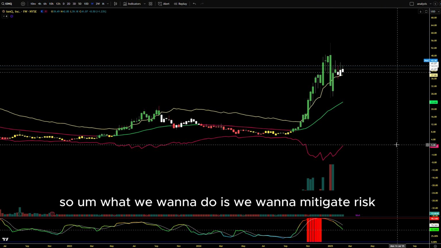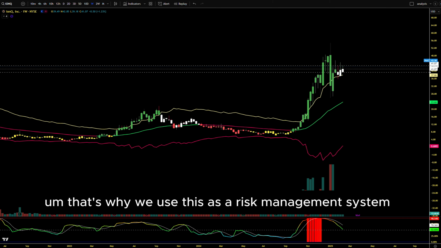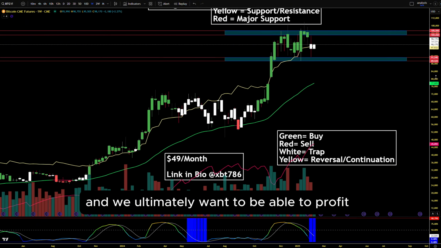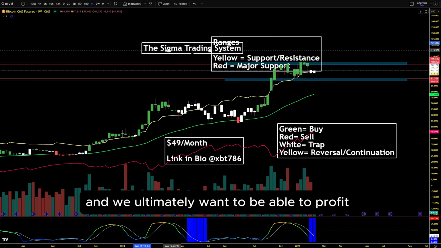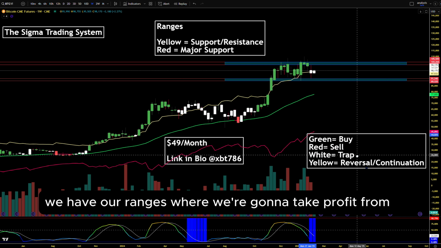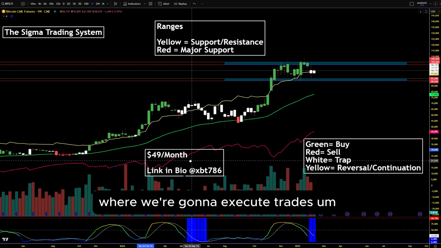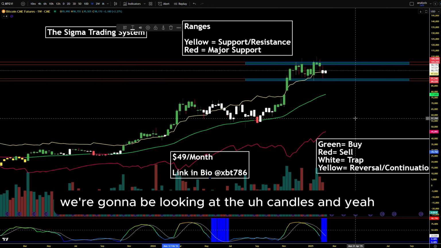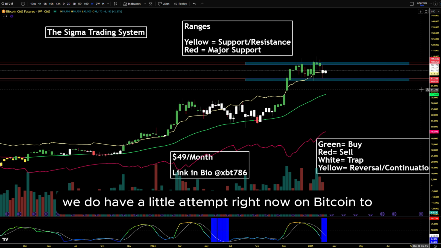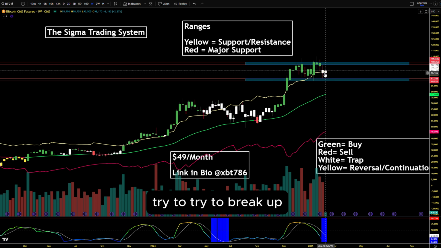So what we want to do is mitigate risk. That's why we use this as a risk management system, and we ultimately want to be able to profit. So we have our ranges where we're going to take profit from, where we're going to execute trades. We're going to be looking at the candles, and we do have a little attempt right now on Bitcoin to try to break up.